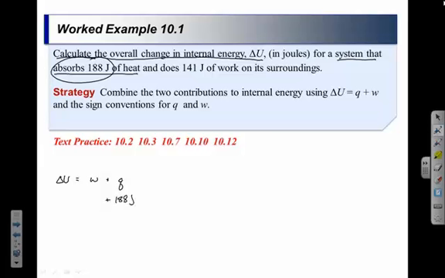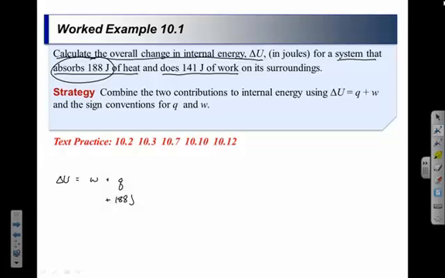Then it says that the system does work. Is that positive or negative? Well, it might be positive for you because then you don't have to do the work if the system is doing the work. But we're not looking at it from your point of view. We're looking at it from the point of view of the system always. So from the point of view of the system, it has to do that work. It's using energy that it had to do work. It doesn't have that energy anymore.